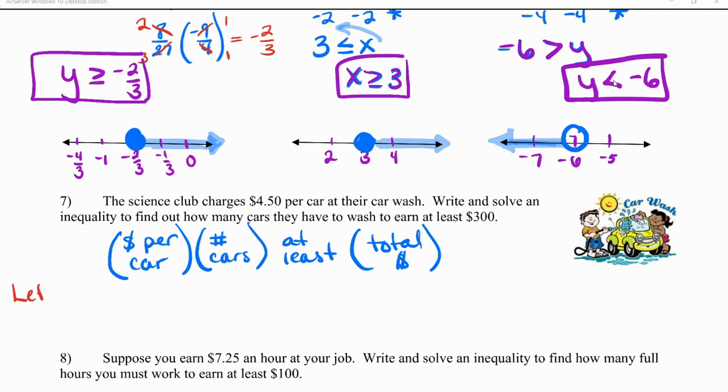So we don't know the number of cars, so we're going to let x equal the number of cars. And now fill in the values.